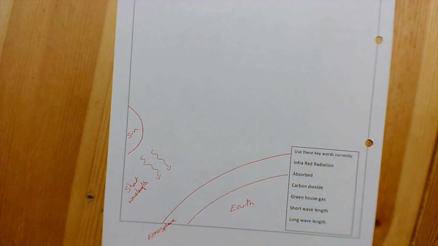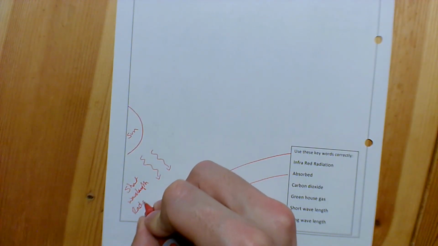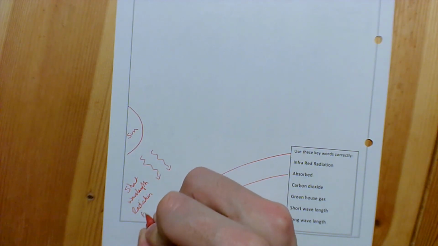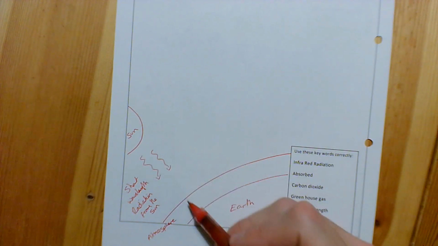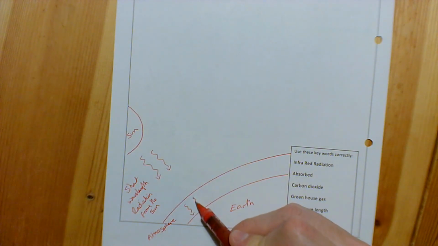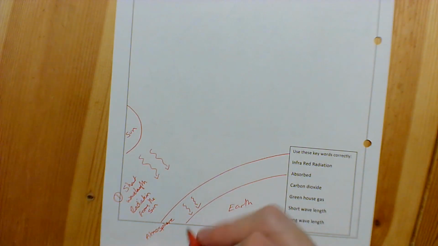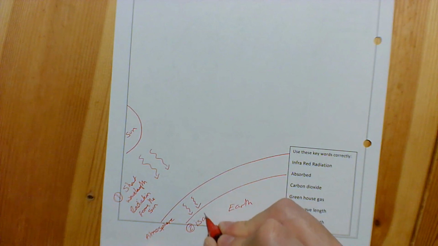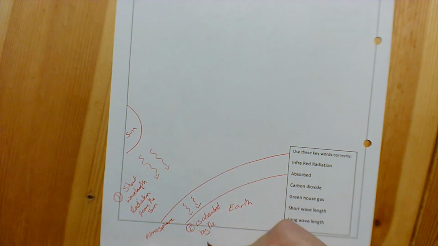So short wavelength, high energy radiation from the sun, okay, travels through space, through our atmosphere, and warms the Earth's surface. So it is absorbed by the Earth's surface.